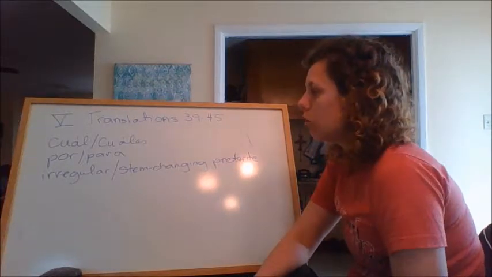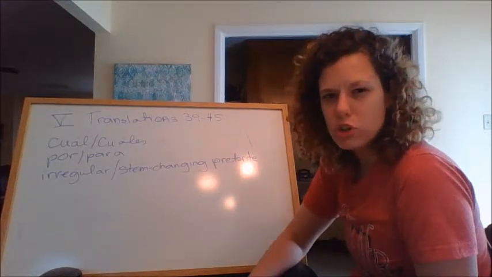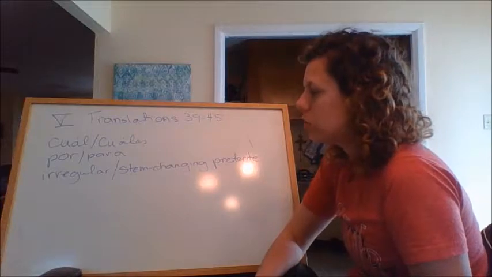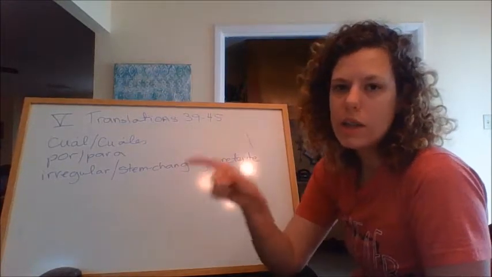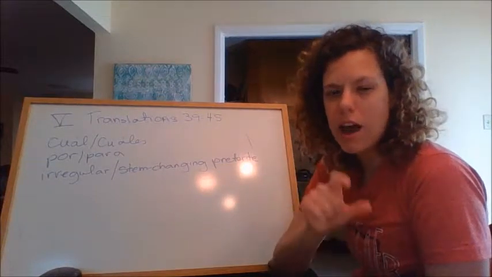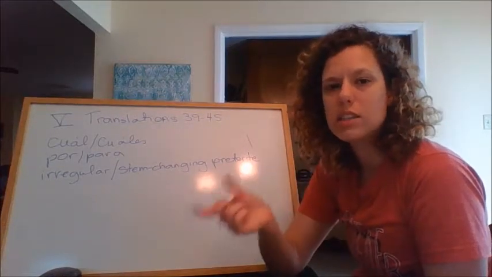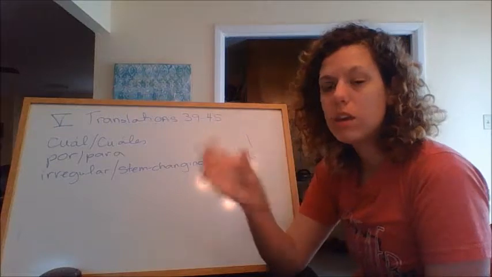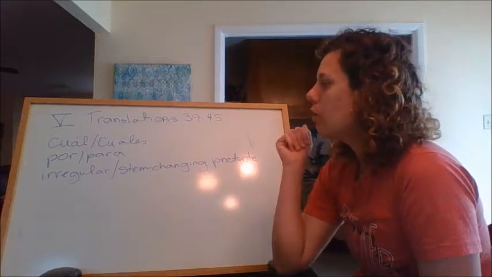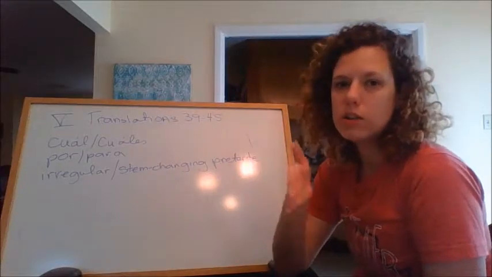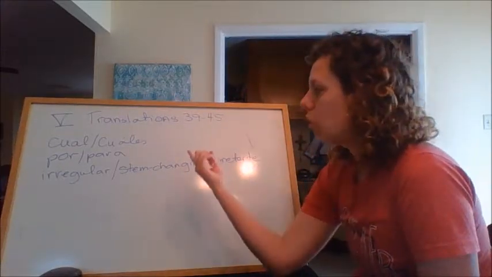Remember that cuál or cuáles means what or which, and you use that in a sentence when you say cuál es tu clase favorita. When you want to say what and then is, when you have ser after it, you use cuál or cuáles instead of qué. So if you have something like what is your favorite class, then you use cuál or cuáles.